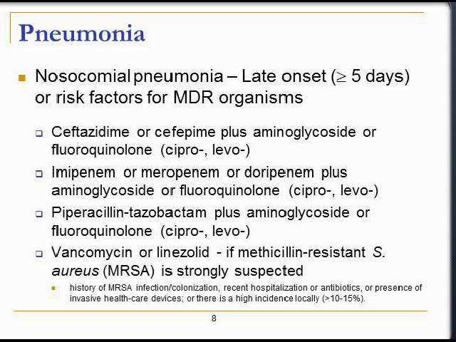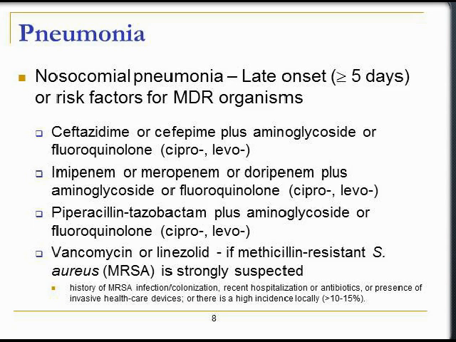Now, if you're down the other branch of the algorithm for nosocomial pneumonia, you're in that late onset, or you have risk factors for multi-drug-resistant organisms, and this is by far the more common side of the algorithm, then the recommendation is for a beta-lactam with anti-pseudomonal activity.